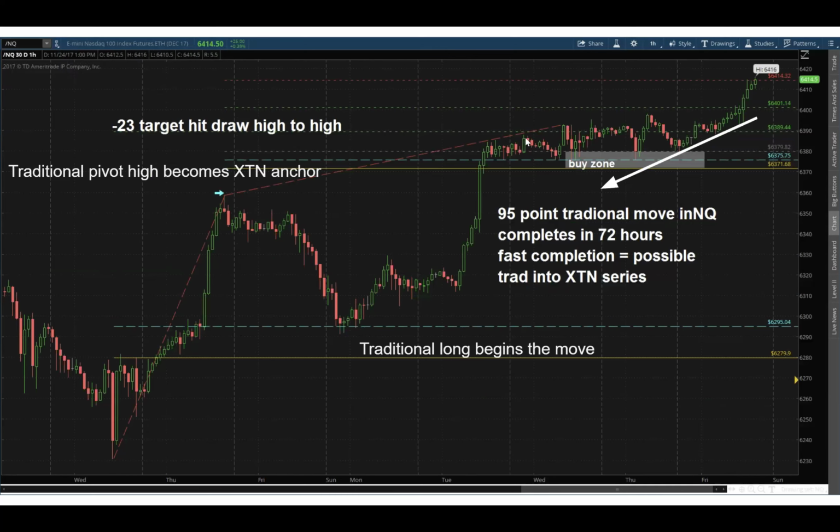Now you see we get close to this negative 23, and it isn't until we pop above it that this extension begins acting as support. In fact, we retest it twice before completing, and each one of these separate moves is tradable, right?